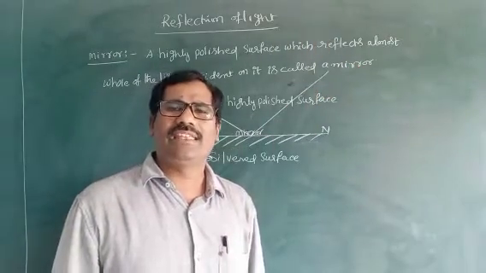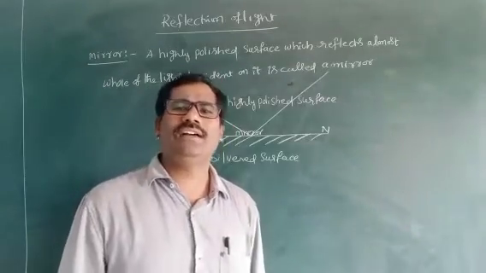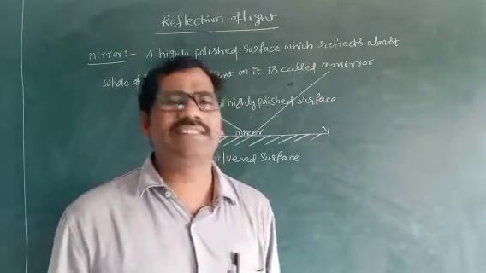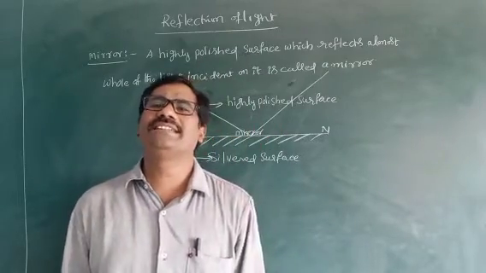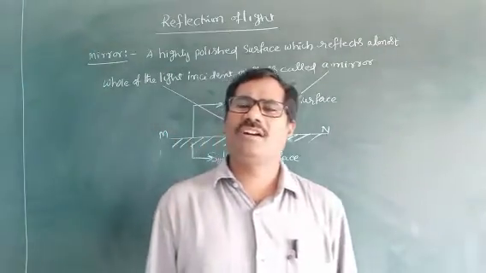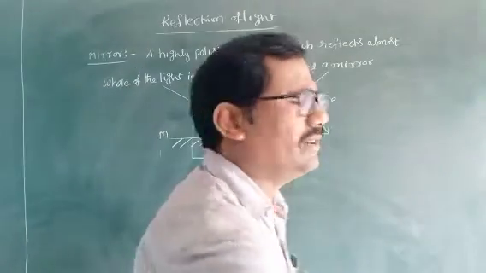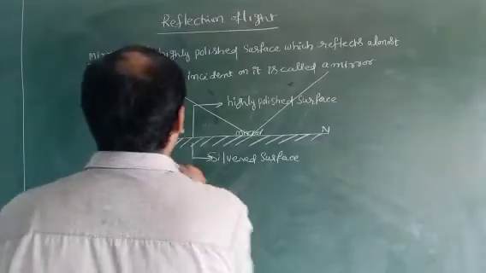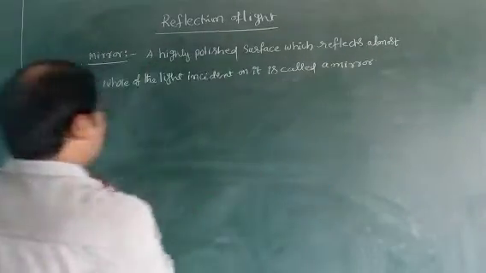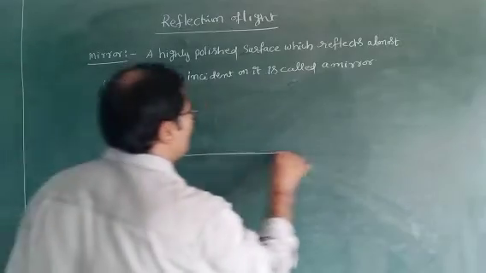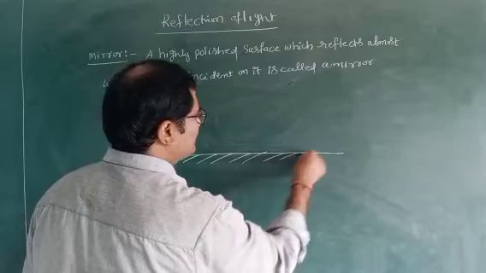Okay, next one. What is the incident ray? What is the point of incidence? And what is the reflected ray? Example, the normal. First, a highly polished surface.